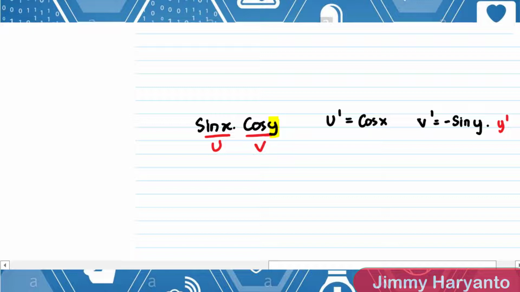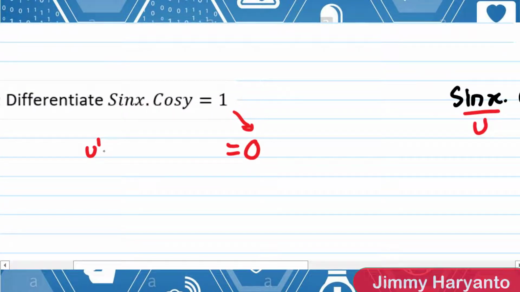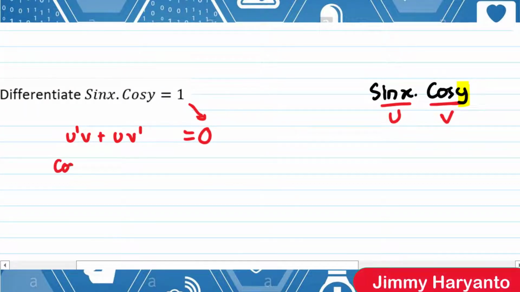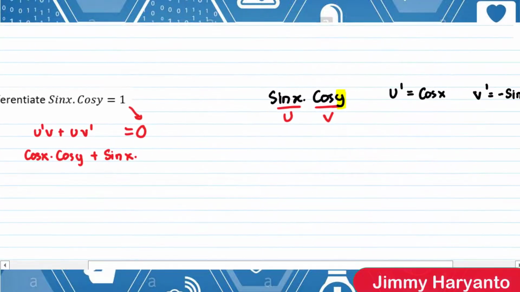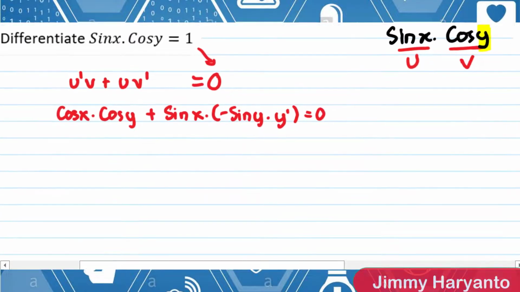Just leave it like that. Next is using the formula. So the formula for this one will be u accent v plus u v accent, yeah. U accent cos x times the v is cos y, plus the u is sin x, times the v accent. V accent is negative sin y times y accent equals to 0.